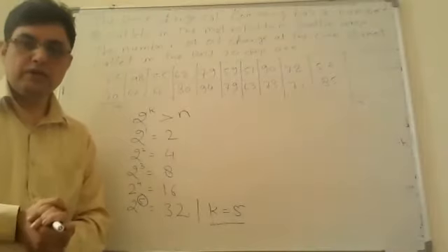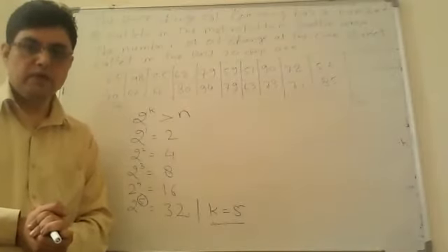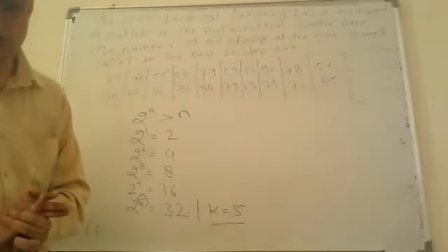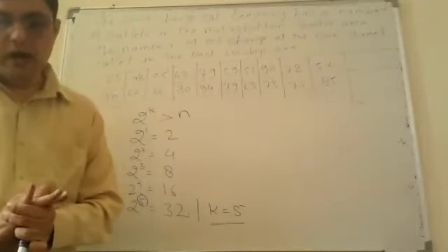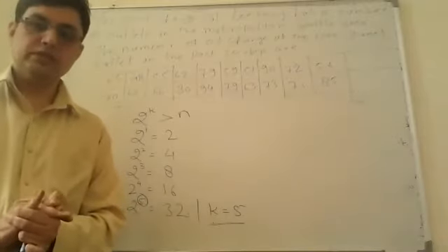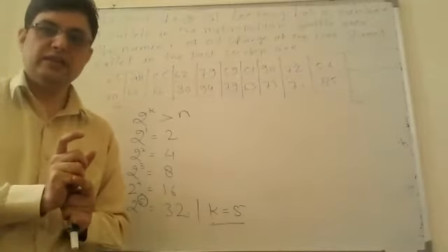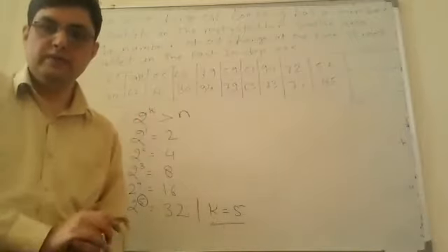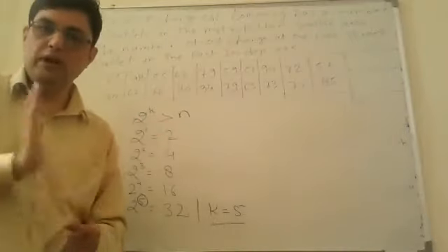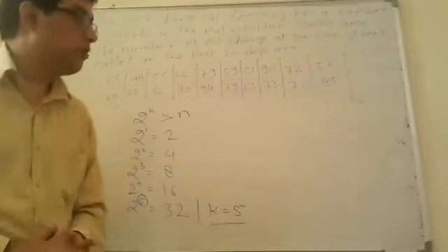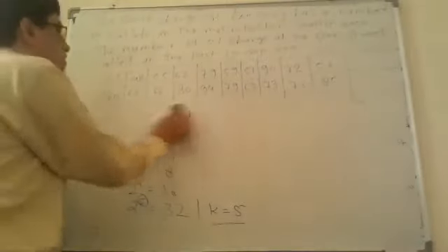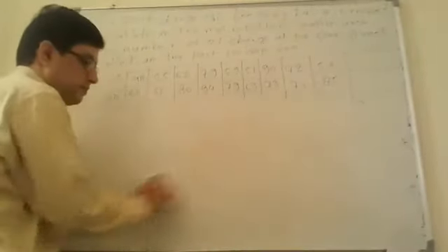Now we have found that k is 5. The next question is, what class interval would you suggest? Class interval means in a particular class what the interval will be. It will be the same for all classes. In order to check this, we have to check what the highest value is in this table.